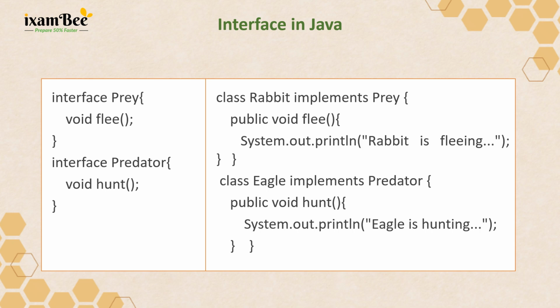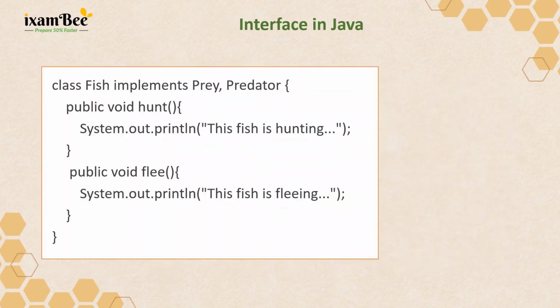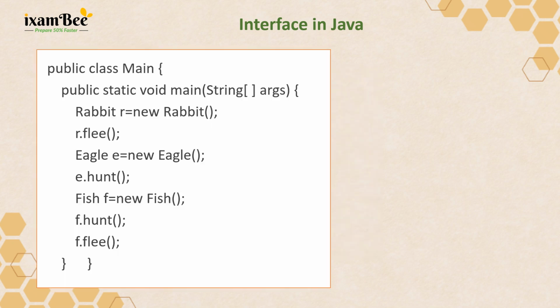Another class that we are making here is the eagle, which implements predator. So we have to give body to the hunt function. We are creating another class called fish, which is implementing both prey and predator interfaces. So it will have to give body to both hunt as well as the flee methods.